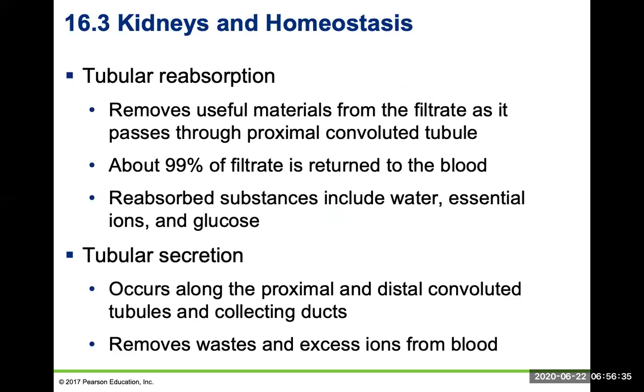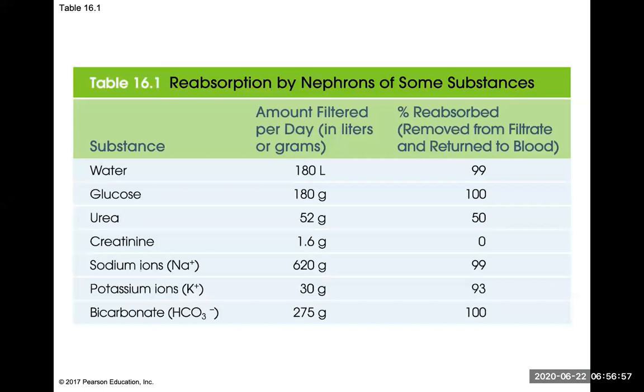Tubular reabsorption removes useful materials from the filtrate as it passes through the proximal convoluted tubule, and about 99% of the filtrate will be returned back into the blood. Then tubular secretion removes wastes and excess ions from the blood, and it occurs along the proximal and distal convoluted tubule.